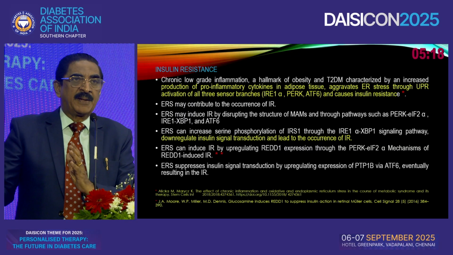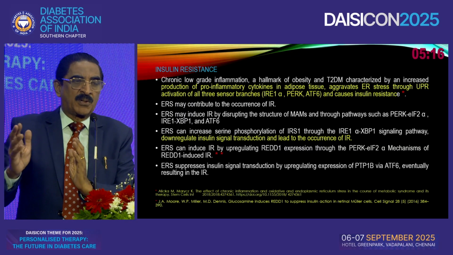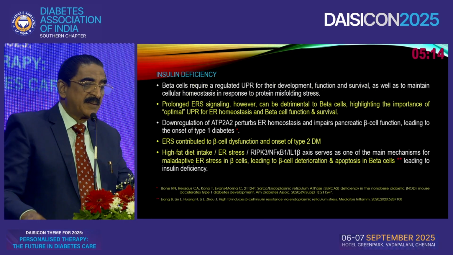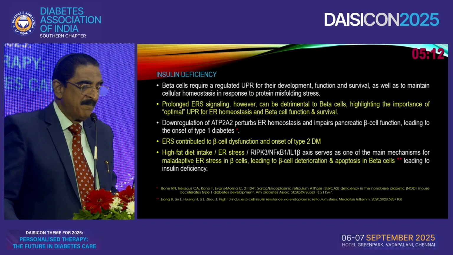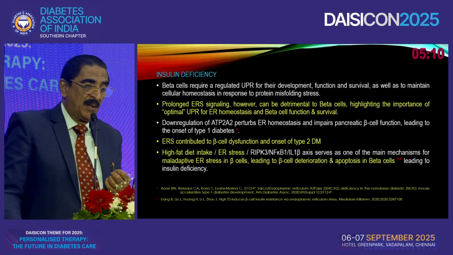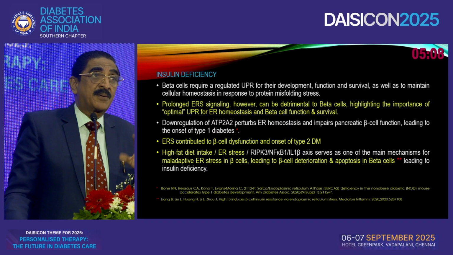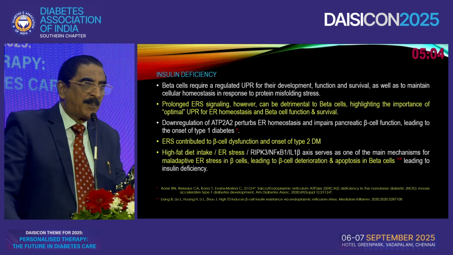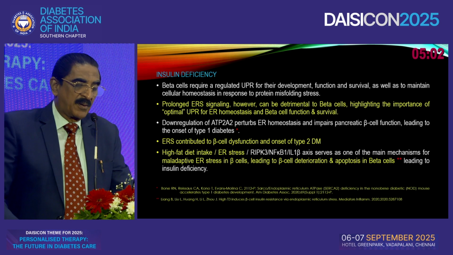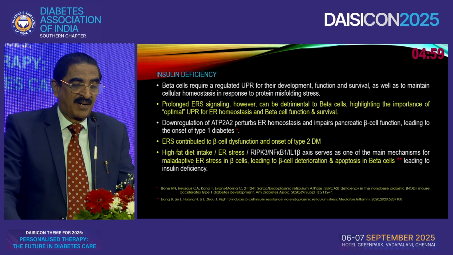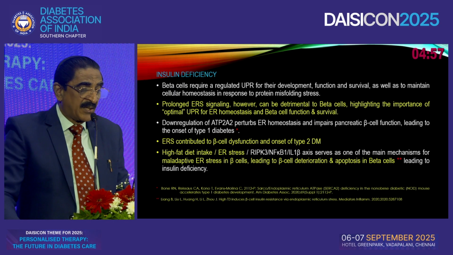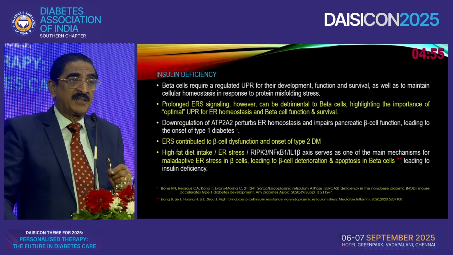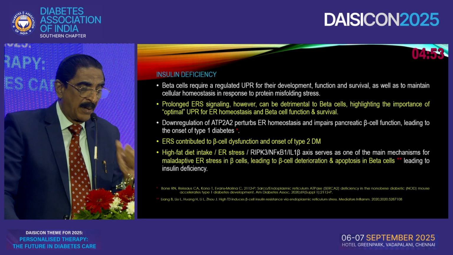So at the periphery, the same abnormality causes insulin resistance, and in the primary beta cell, what happens? The prolonged ERS signal can be detrimental to the beta cell. It damages the beta cell itself, highlighting the importance of optimal UPR for ER homeostasis and beta cell function and survival. ERS also contributes to beta cell dysfunction and even onset of type 2 diabetes.